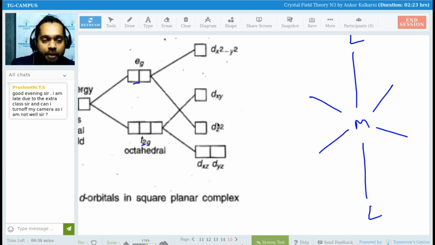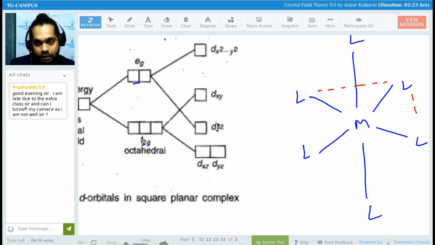What is the coordination number of metal in octahedral? Very good, Jason. The coordination number is 6. So what is octa in this? What is 8 in this?